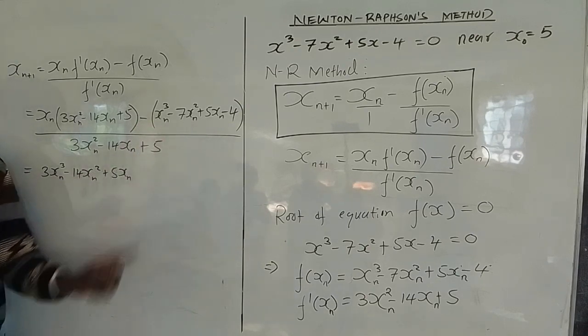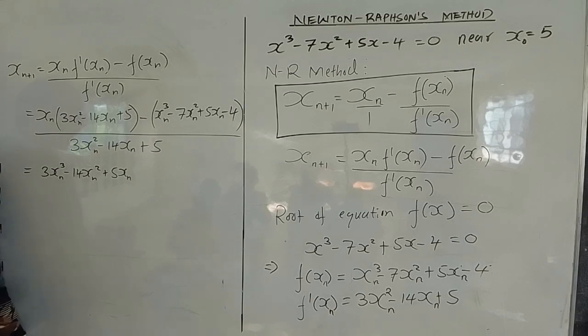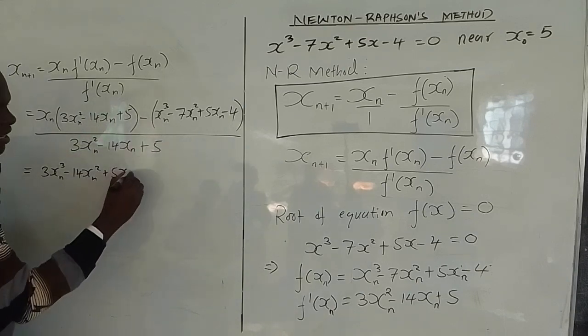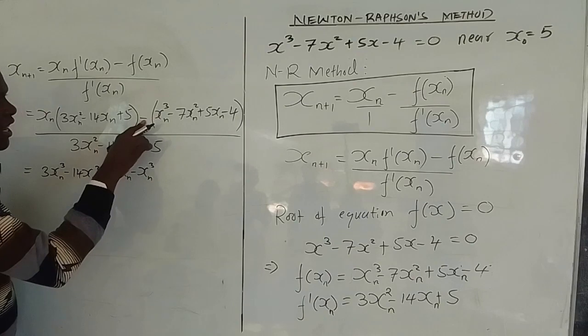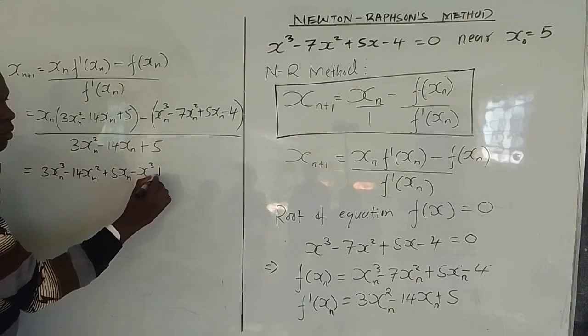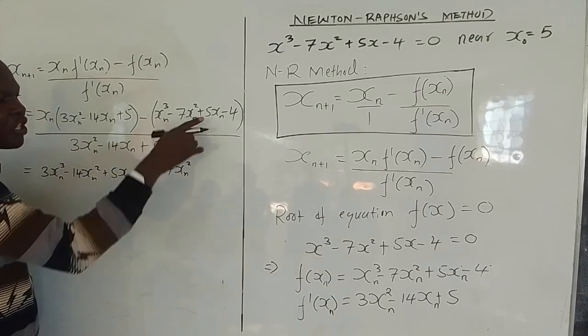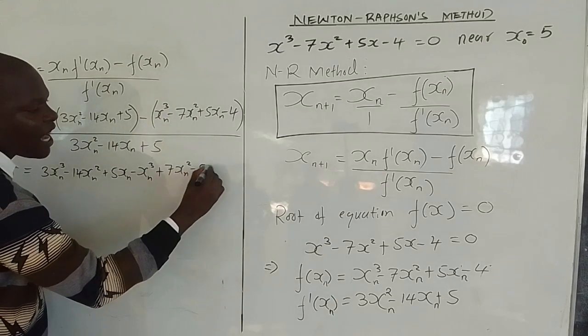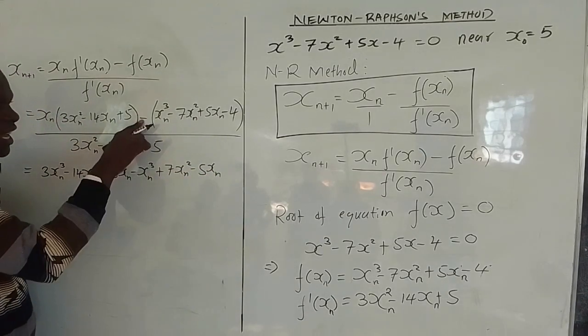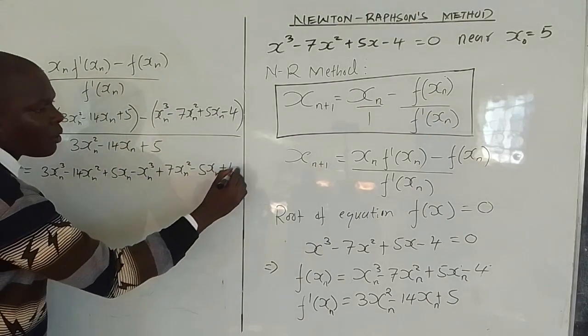Negative of everything inside the bracket. So minus xn cubed, negative into negative, positive 7xn squared. Negative into positive, negative 5xn. Negative into negative, positive 4.